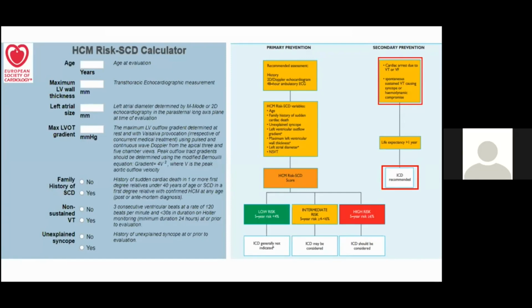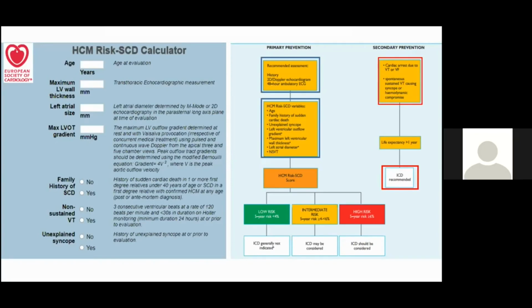The latest ESC guidelines recommend the use of a novel sudden cardiac death risk calculator, which is derived from clinical history, transthoracic echocardiography, and 48-hour ambulatory ECG. This calculator is made of 7 parameters, 3 of which are derived from echocardiography.